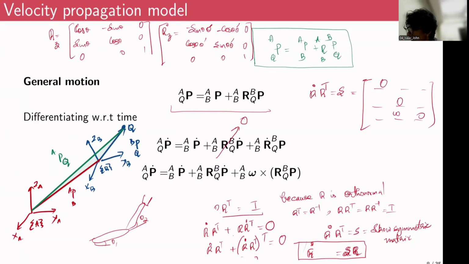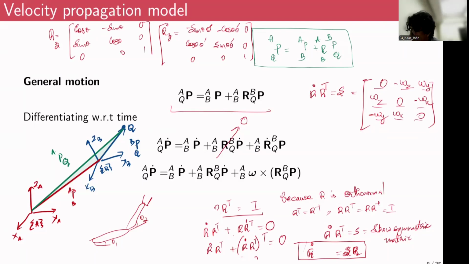Then this term would be omega x, this term would be minus omega y, this term would be omega z. And here you will have minus omega z, here you will have omega y, here you have minus omega x. So this would be your skew symmetric matrix. You can verify that with the general rotation matrix and see if you get this term.